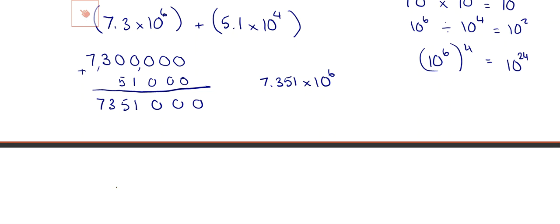So what we could do is think about writing them in the same value system, so they both have the same times 10 to the power of something.